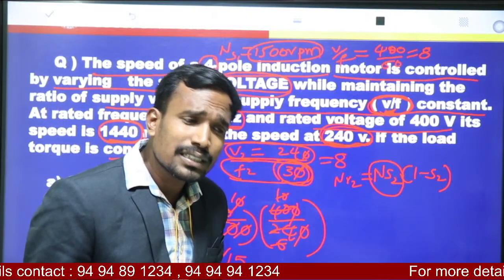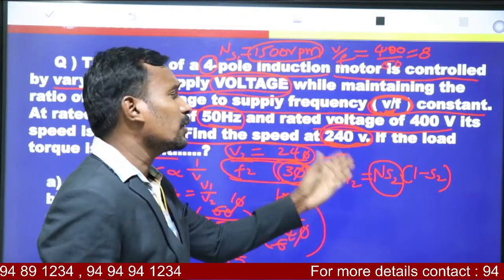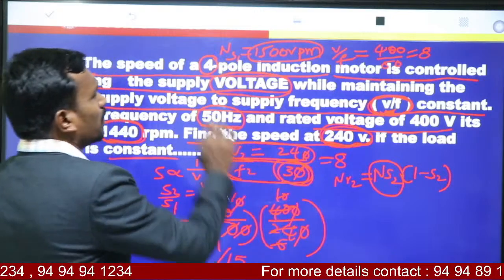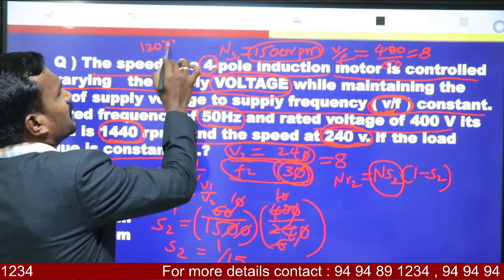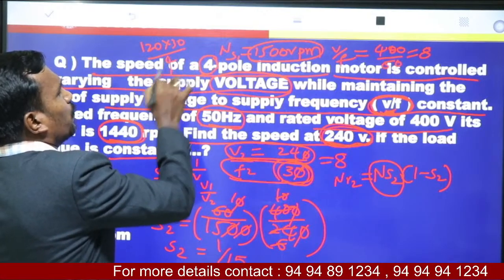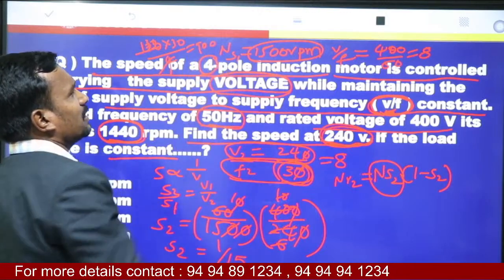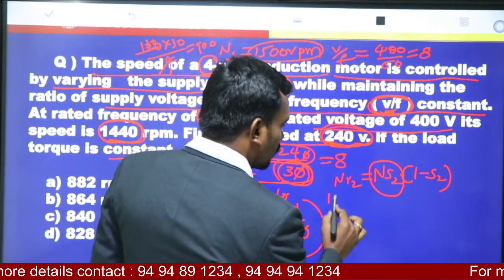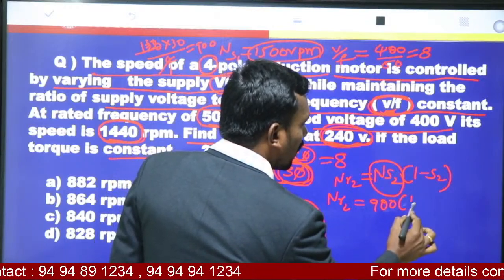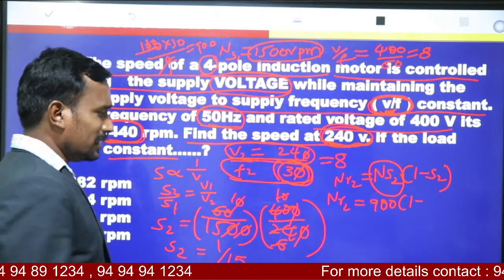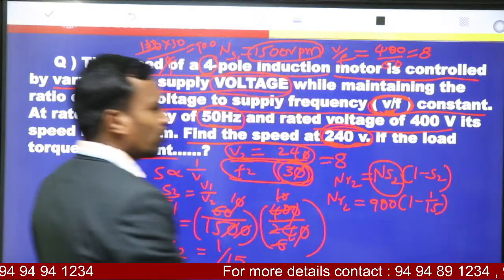If the frequency changes, the synchronous speed also changes. Now tell me, for 4-pole 30 hertz, what is the value? 120 into 30 by 4, that is 900 RPM. So NR2 is equal to 900 into (1 minus S2). What is S2? 1 out of 15.